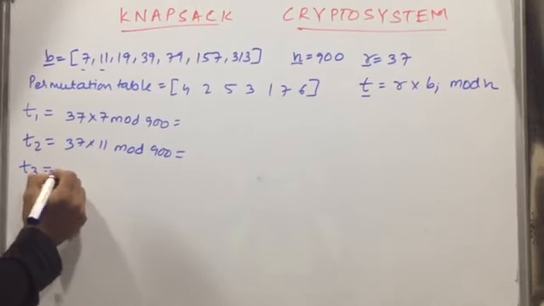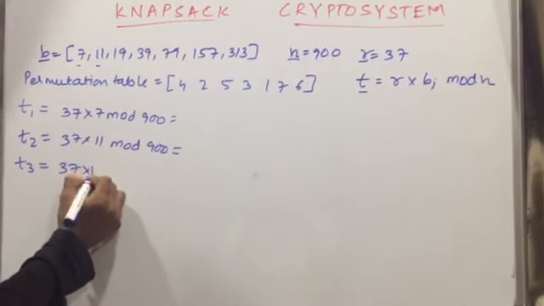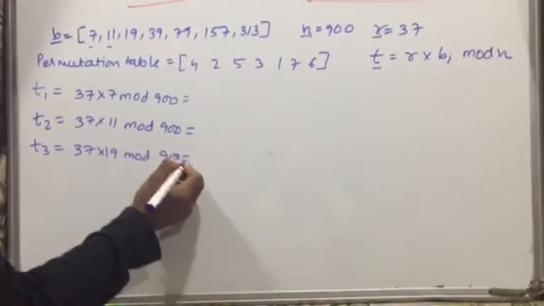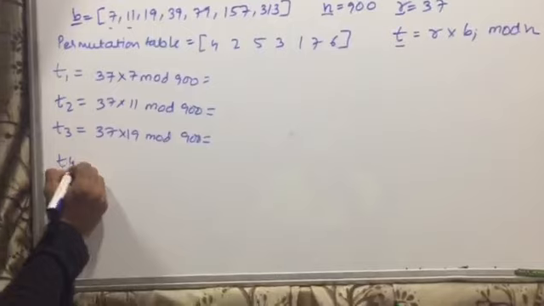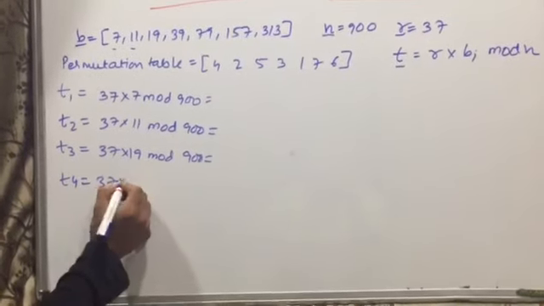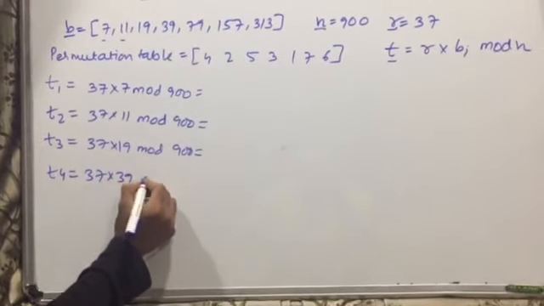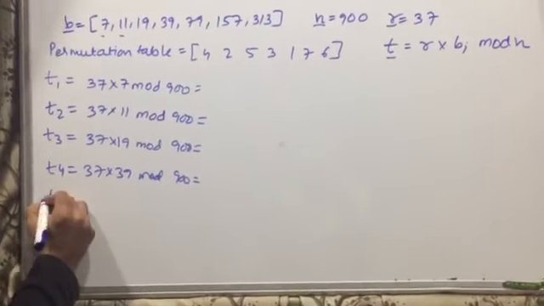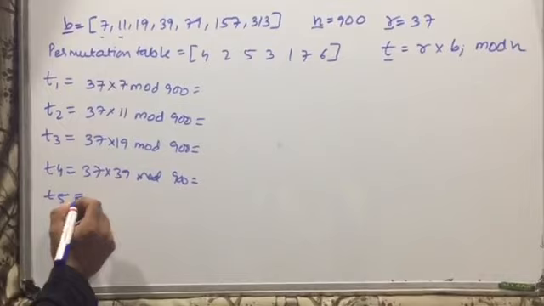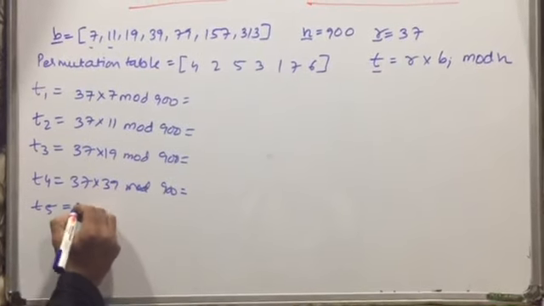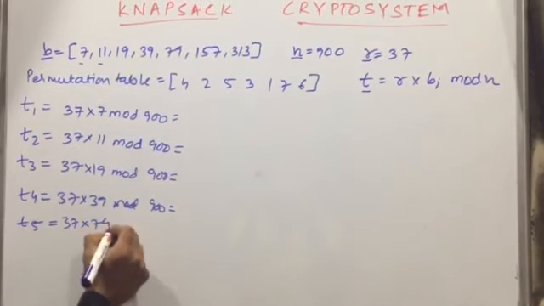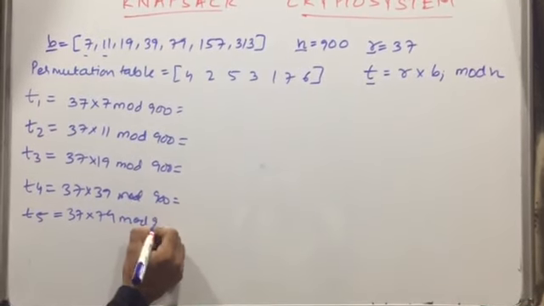For T3, 37 into 19 mod 900. For T4, 37 into 39 mod 900. For T5, 37 into 79 mod 900.